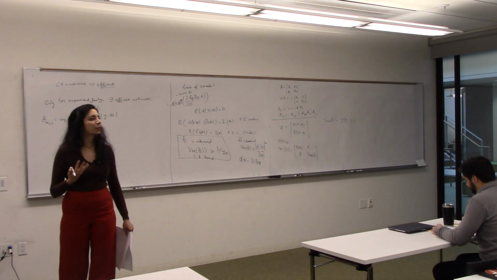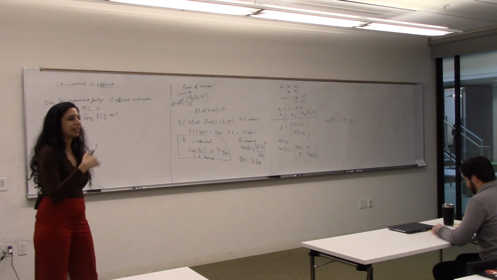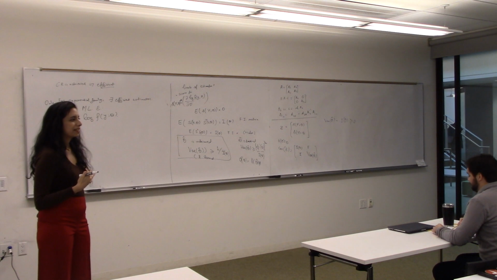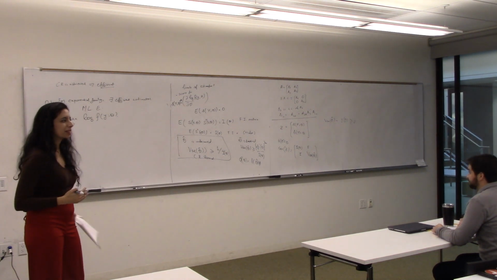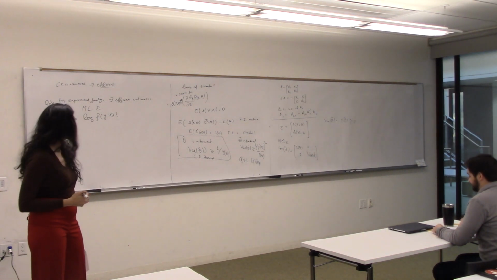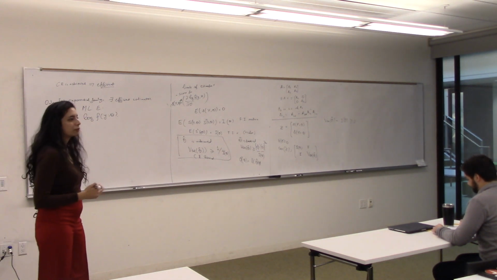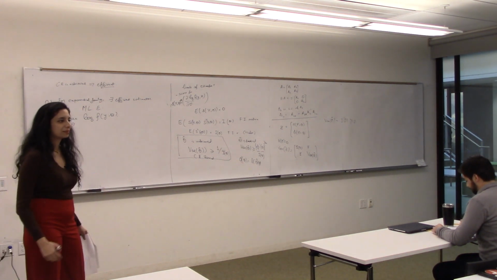Similar to what we were doing in the detection problem, we were looking at the likelihood ratio. It's the same concept here. For the estimation problem, I want to ask, what is the value of theta for which my likelihood is the highest?